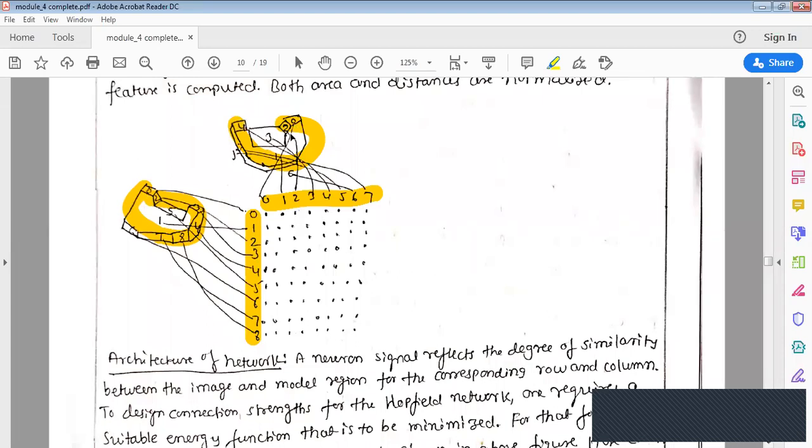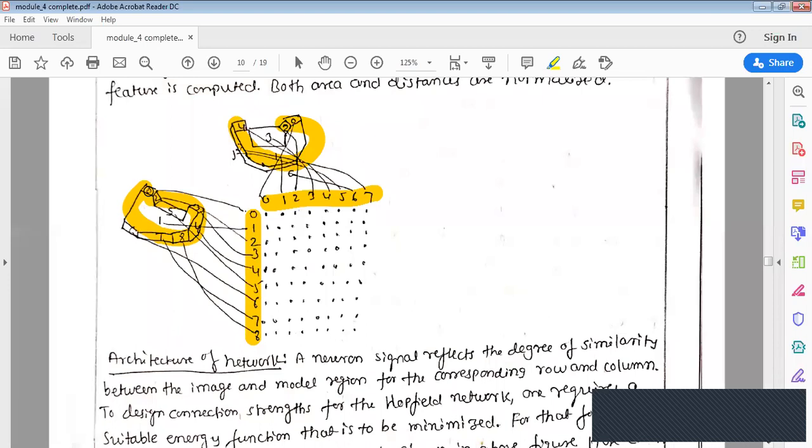If 0 maps with 0, a dot is given, that is 1. If 0 matches with 2, then that is given as 1. If 0 matches with 3, no, it doesn't match with 3, so that point is 0. Are you able to follow? Any doubts? So the whole idea in this picture is that I am considering a particular point 0, and whether this 0 will match with the remaining points.